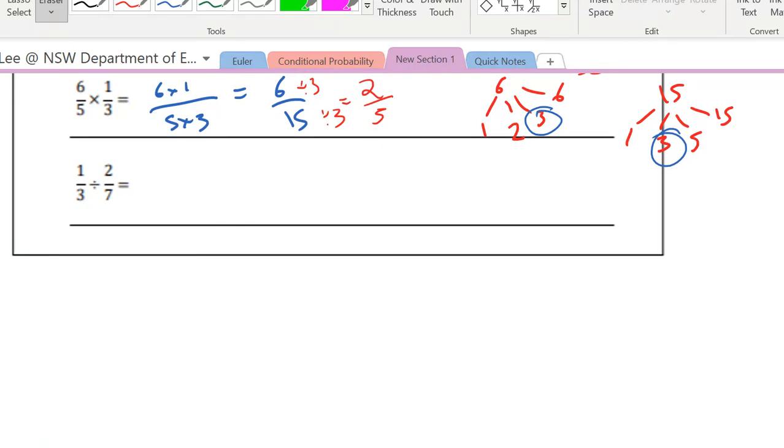Okay, so division follows this process. Now we change the operation from division to multiplication, and then we invert the second fraction.